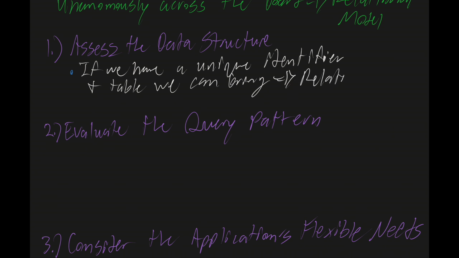Just think of it as if we can make a table out of this. If not, then we're going to have to go with the document model. And the table can be used for job positions and education.